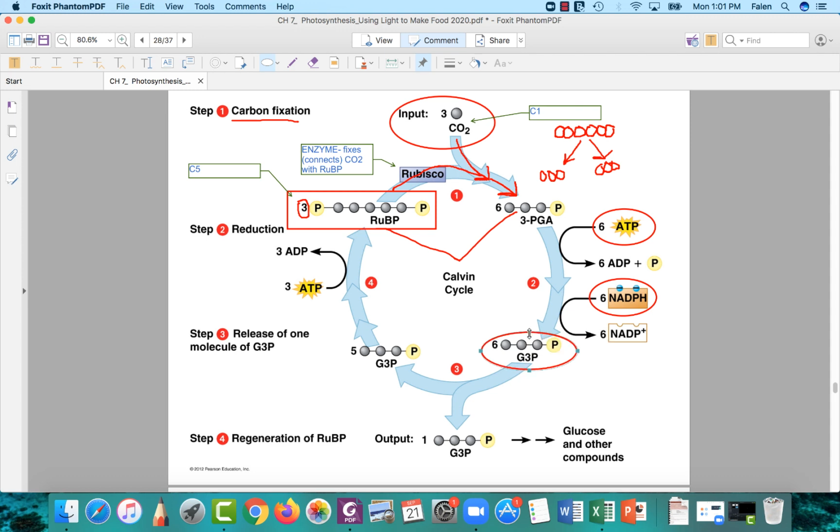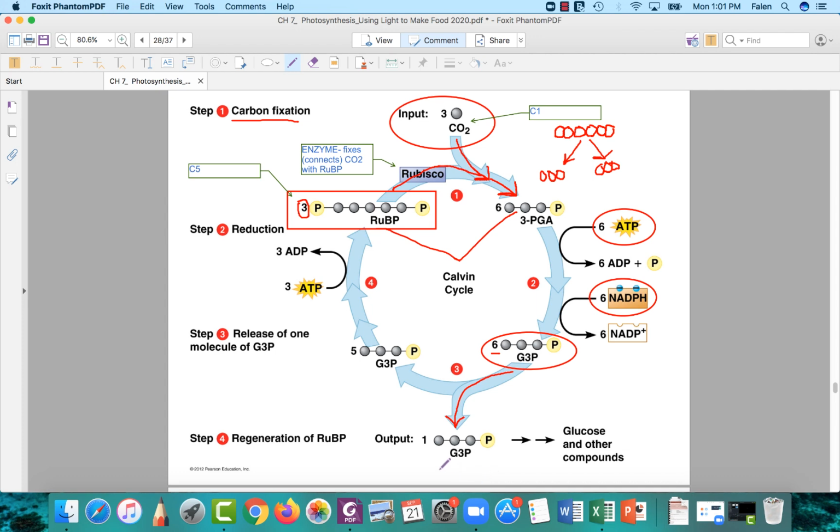Now, what happens next is G3P, 1 of the 6. See how we have 6 of them? 1 is going to leave. It's going to leave the Calvin cycle. Okay, and that's just the way things are. And this is just going to go off, and it could be used to build glucose. It could be used to build other compounds.